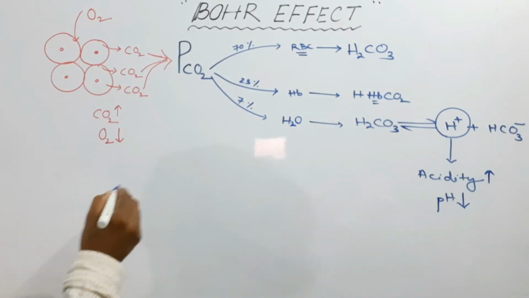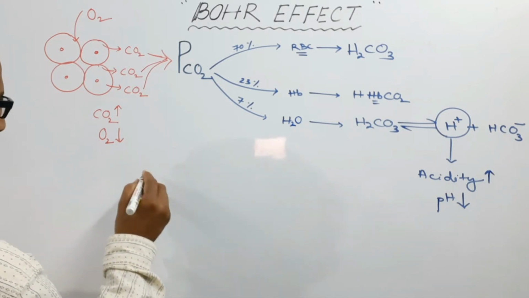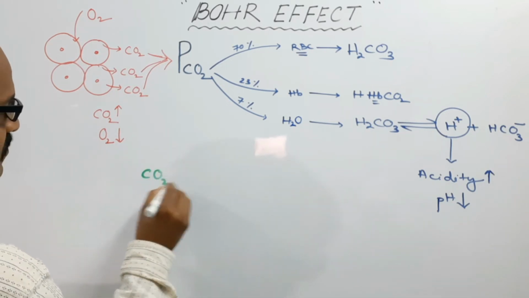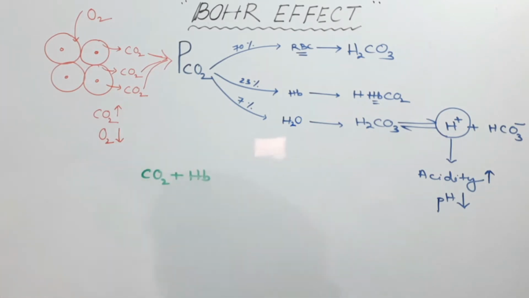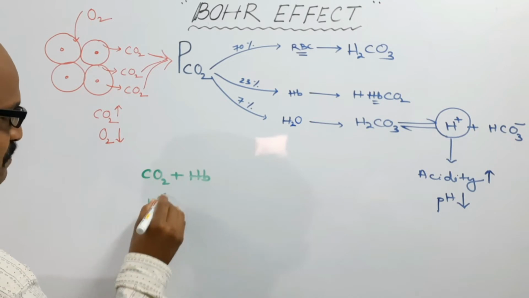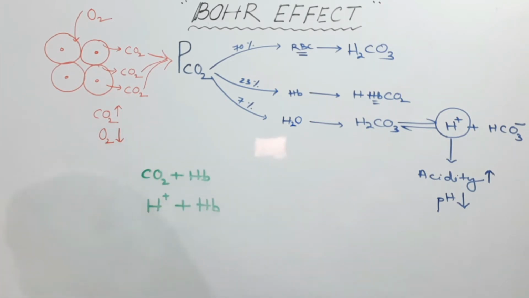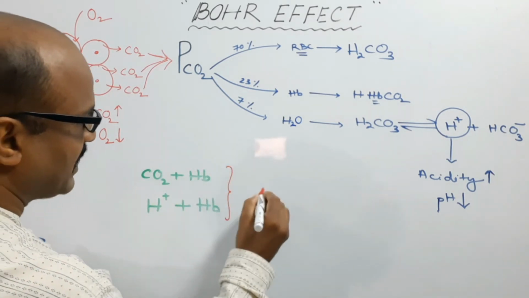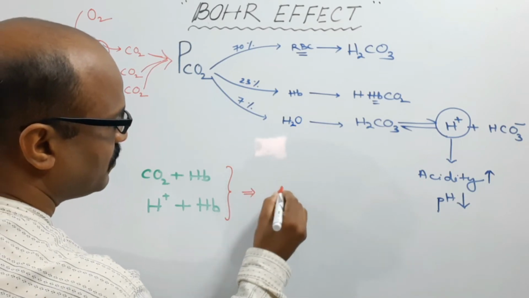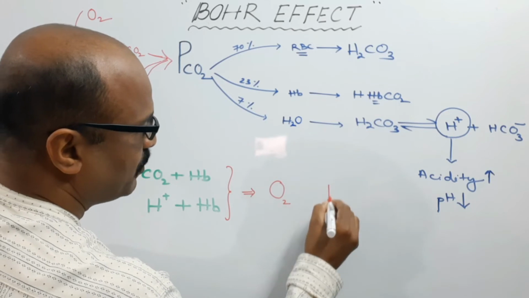So when carbon dioxide reacts with hemoglobin, or the H plus ion reacts with hemoglobin, it decreases the affinity of oxygen with hemoglobin.